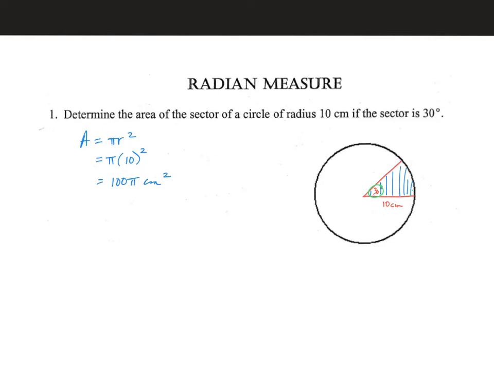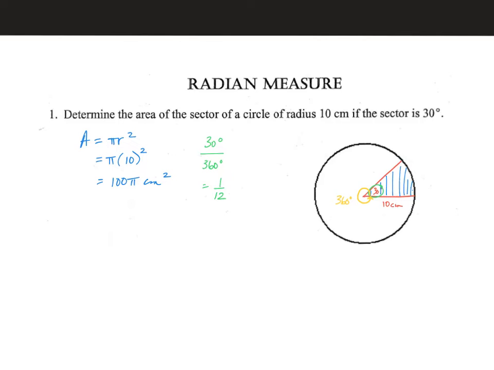And if we had rotated the full circle to shade the whole thing in, then we know that a full rotation is 360 degrees. So really what we're looking at then is what proportion is 30 degrees out of a full rotation? And if we were to reduce that, we get down to 1/12.